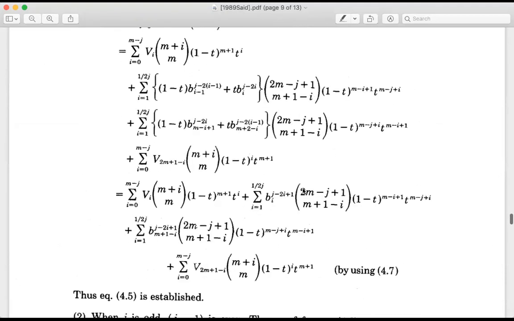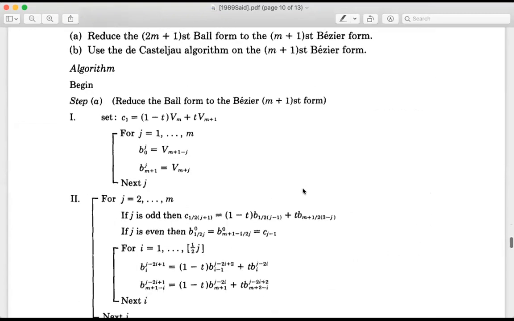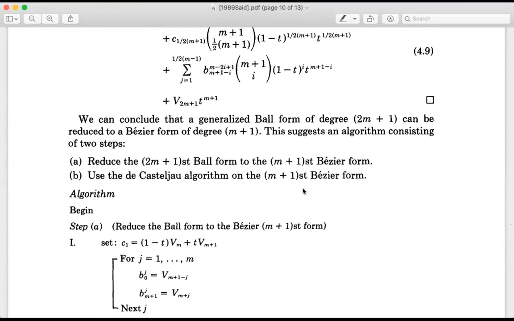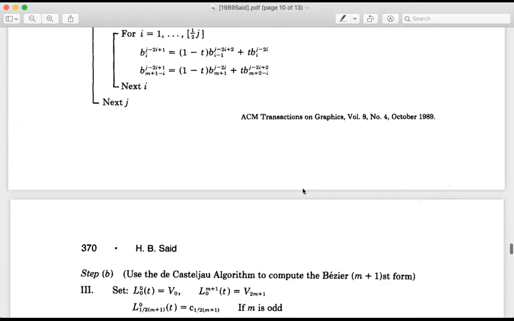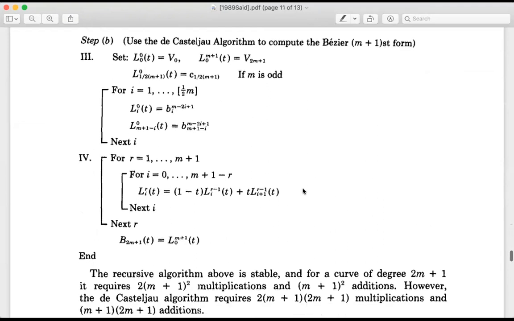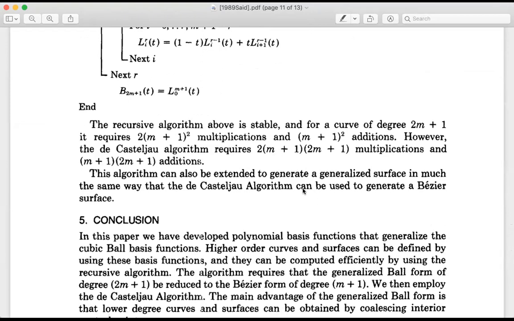I'm not going into detail because this course is not about teaching you this paper. I just want you to see the overall of this paper in 1989. In this paper we have the recursive formula for the Said-Ball curve. By that time we didn't call it Said-Ball curve, we just called it generalized Ball curve.